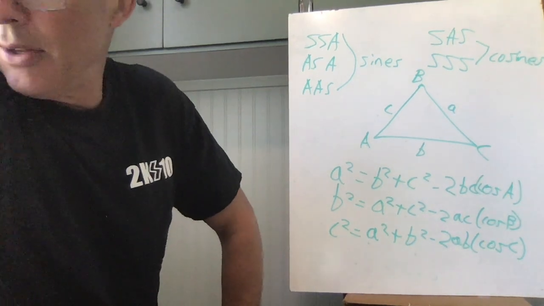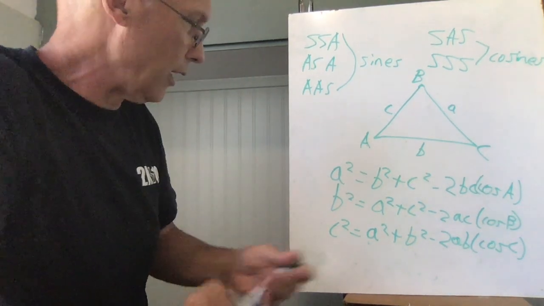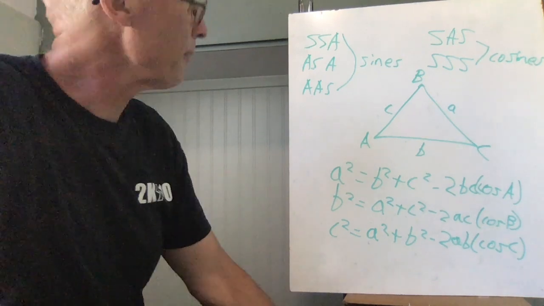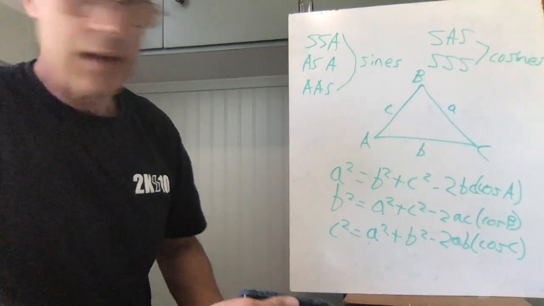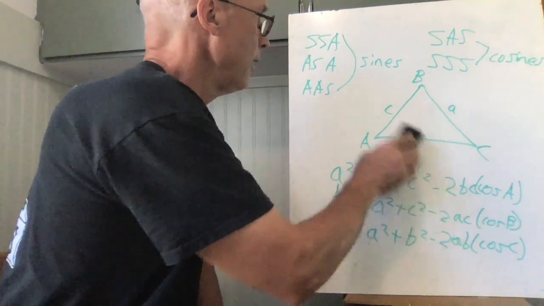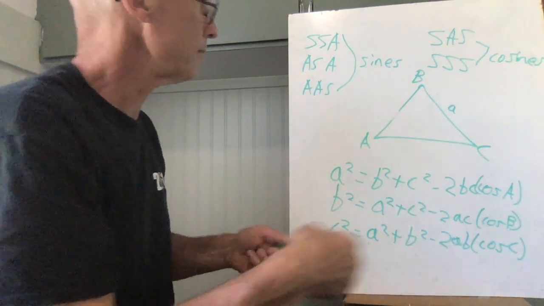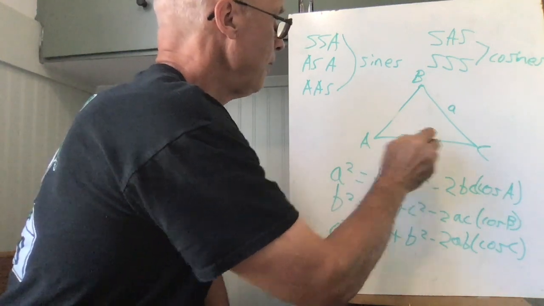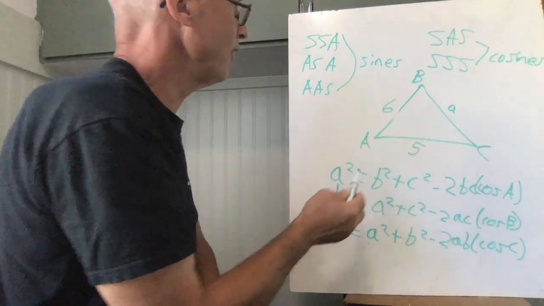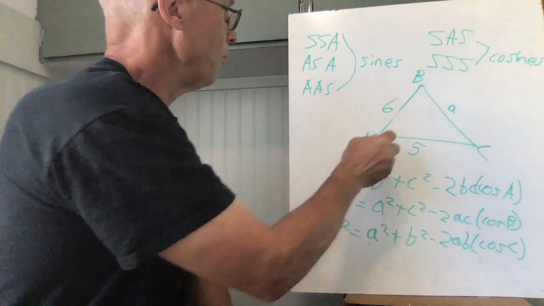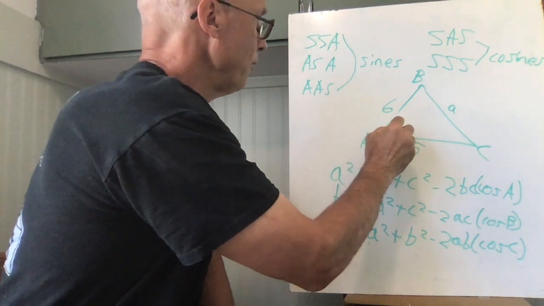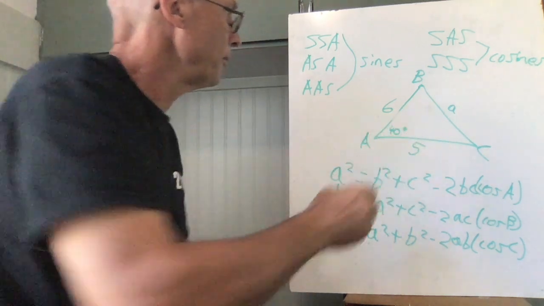You can use this just to solve. Let's do one. Let's say that we had 5 and 6, and we knew that this angle was 40 degrees.